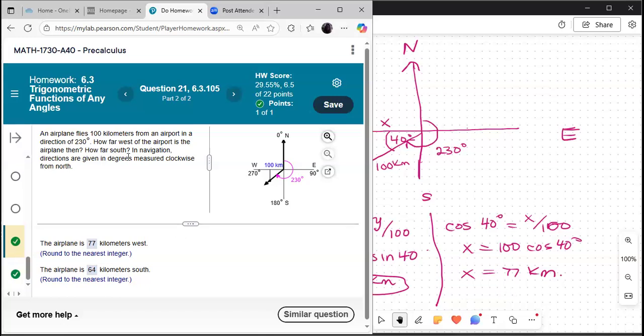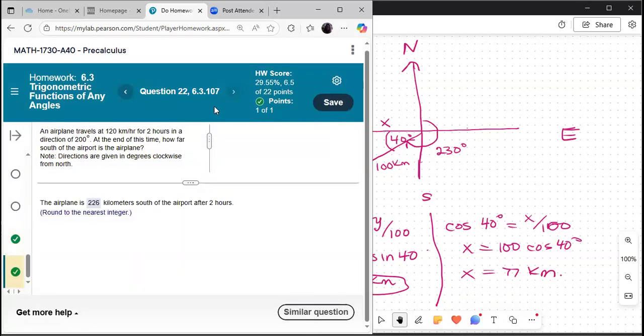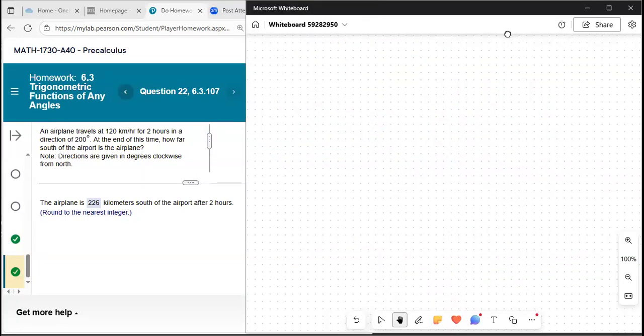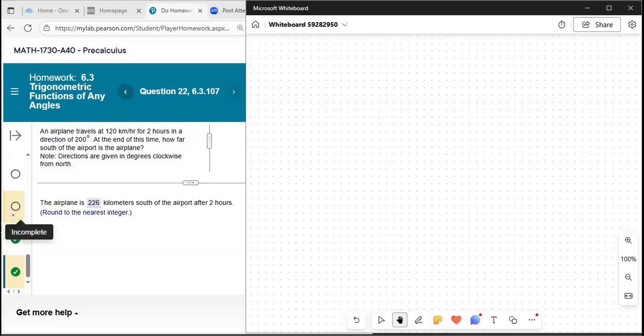So in number 22, it's saying you're going to have to sketch this one out. An airplane travels 120 kilometers per hour for 2 hours. So 120 times 2, so the airplane actually went 240 kilometers in a direction of 200 degrees.